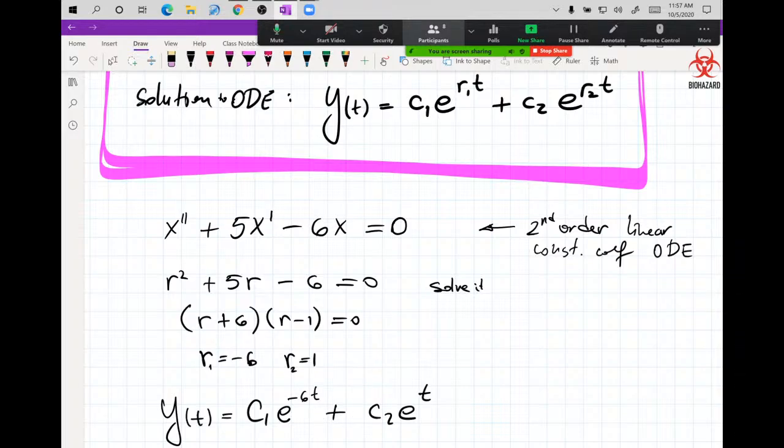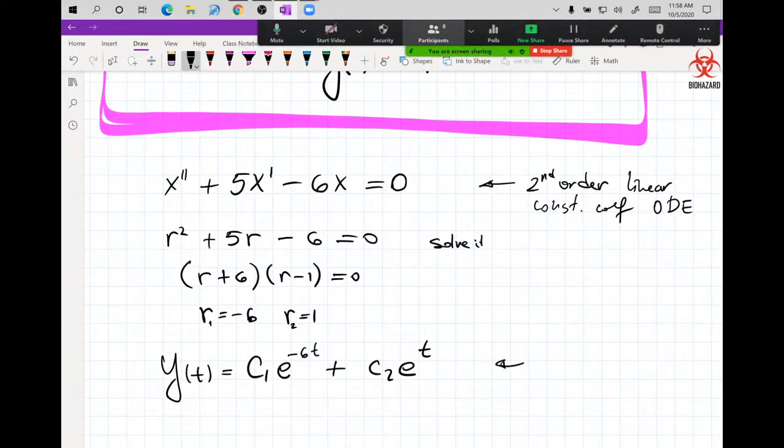So you have your two solutions now. One solution would be this, the other solution is that, and you have the two constants in front. So this would be known as the general solution. It's general because you don't have your C1 and C2. I did not give you initial conditions to compute those, so you don't know what they are.